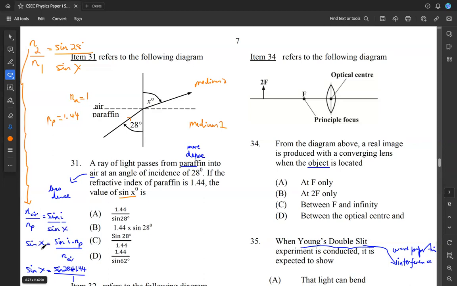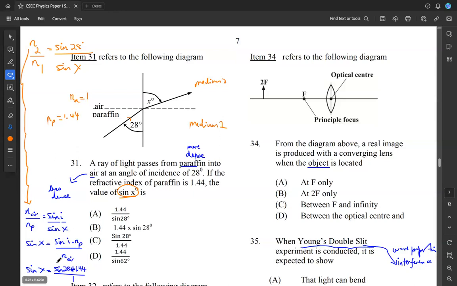Then sine of X will be equal to, if I'm transposing, because I'm solving for sine of X, NP times sine I, and then divide that by the refractive index of air so that we can get sine X. So sine X is equal to sine 28 times 1.44, which is the refractive index of paraffin, divided by the refractive index of air, which is 1.